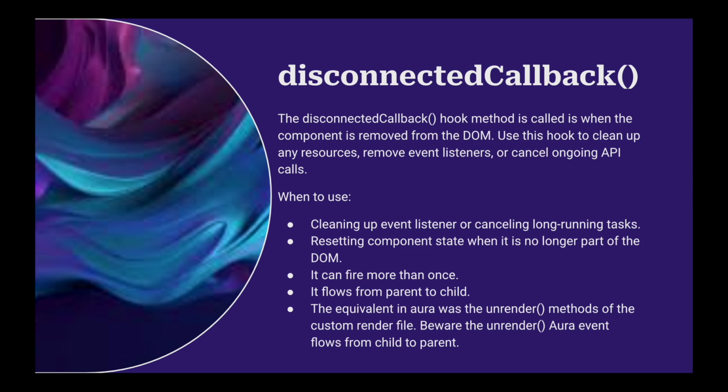When should we use it? Whenever we want to clean up event listeners or cancel long running tasks, we can use it. Also to reset component state whenever it is no longer part of the DOM. It can also be fired more than once. It flows from parent to child, and the equivalent of disconnectedCallback in Aura components is the unrender method of the custom render file, but it flows from child to parent, not parent to child like LWC.